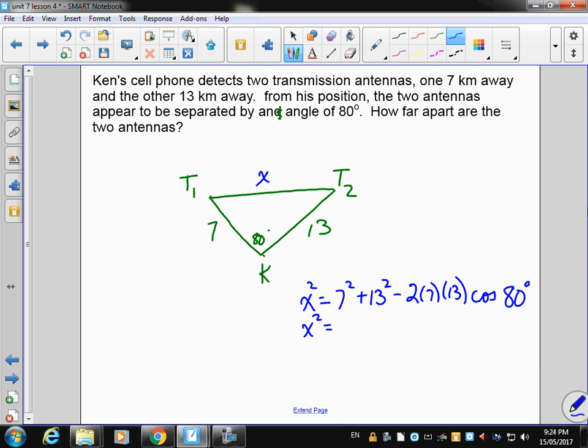Cos 80, talking to myself, is 186.4, approximately. If I want to find x itself, I have to take the square root. And I get 13.7 kilometers apart.